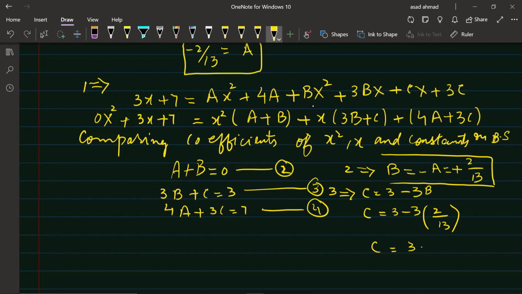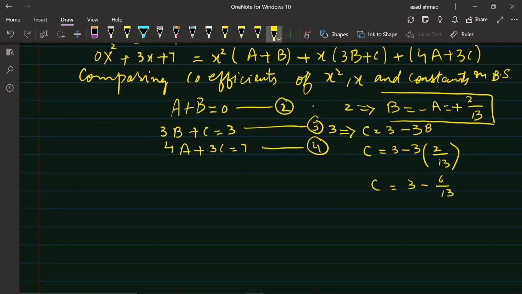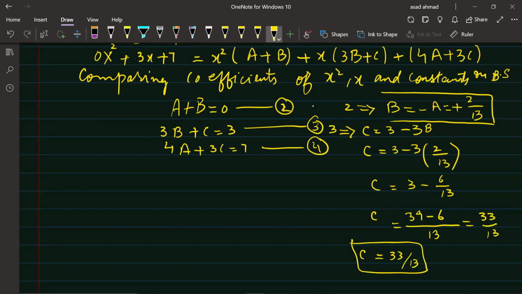C is equal to 3 minus 6 over 13. So this is 39 minus 6, 33 over 13. So now C will become 33 over 13. This is the value of C.